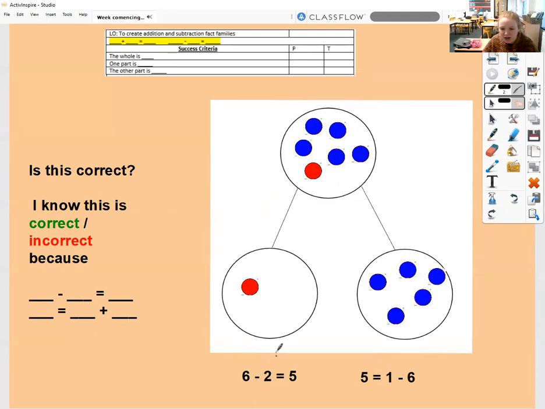So 6 subtract 1, it should say, equals our remaining part, which is 1, 2, 3, 4, 5. So I know this is incorrect because it should say that 6 subtract 1 equals 5, which is the same as 6 equals 1 plus 5.